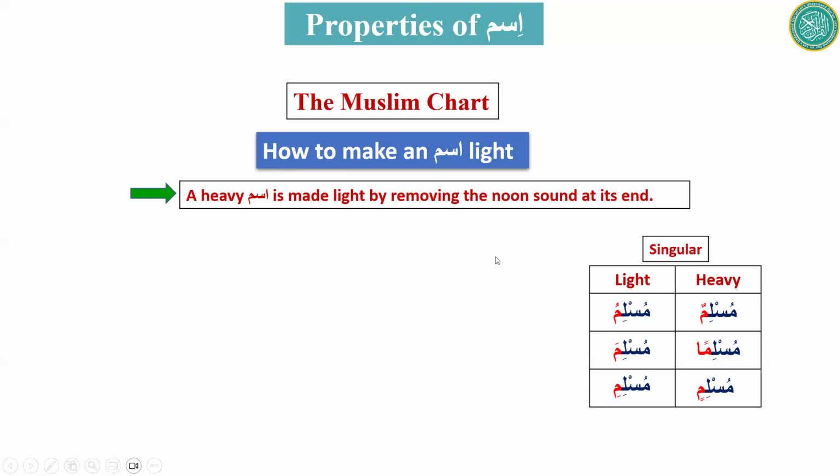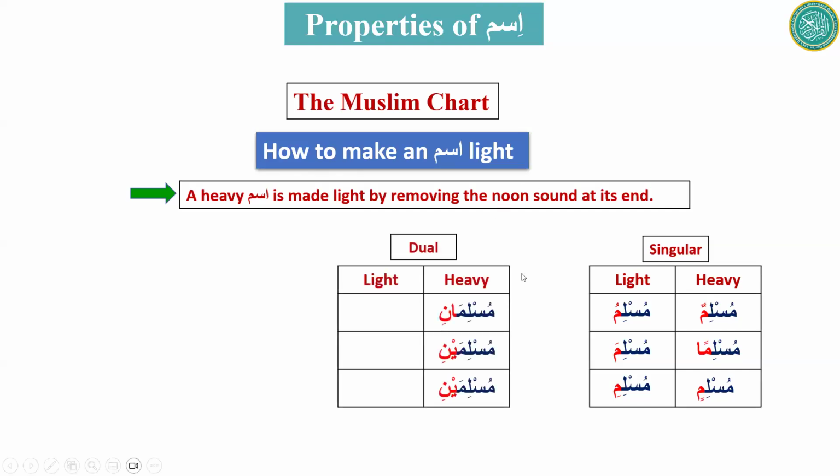So singular is done. We have changed the 3 words of the Muslim chart, the singular column, from heavy to light. We know how to do that now. Let's do that for dual words, the second column of the Muslim chart. Muslimani. Remove the noon sound, Brother Shuaib. Muslima. Simple as that.